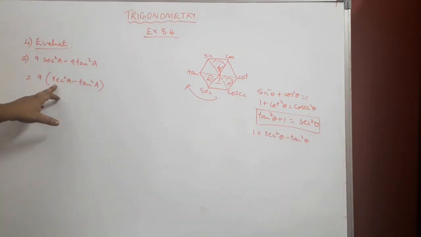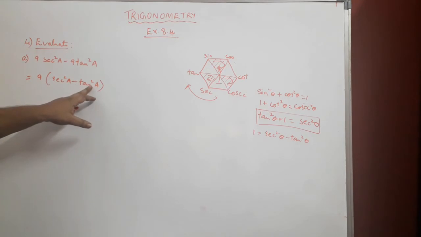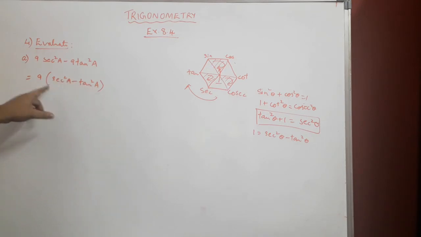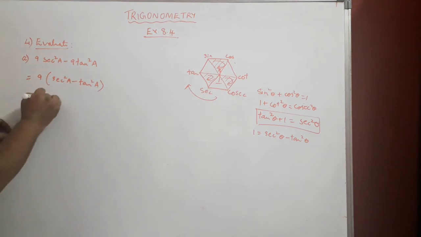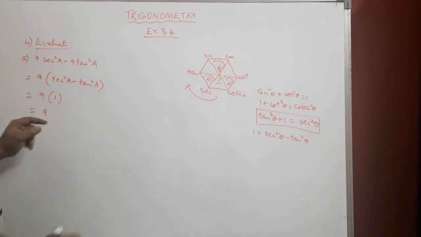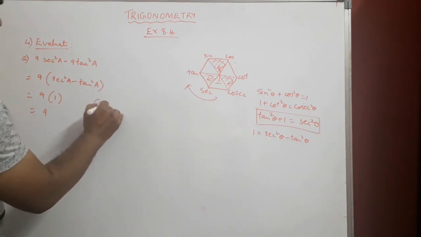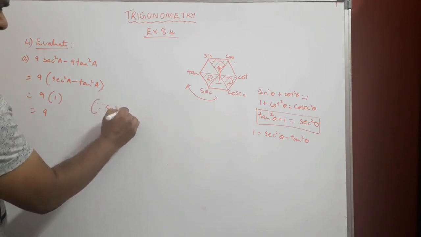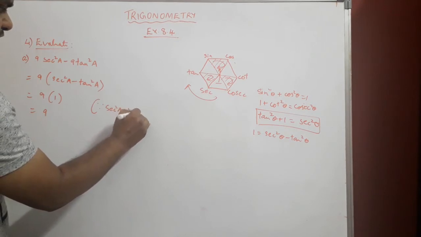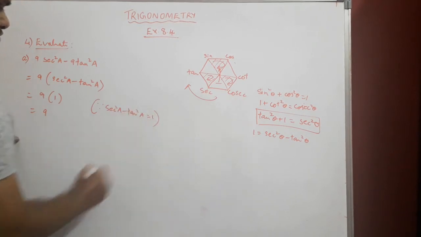What do we have over here? Sec square A minus tan square A. The angles are the same, which means we can write this equal to 1. So this will become 9 into 1, which is equal to 9. Since sec square A minus tan square A equal to 1.